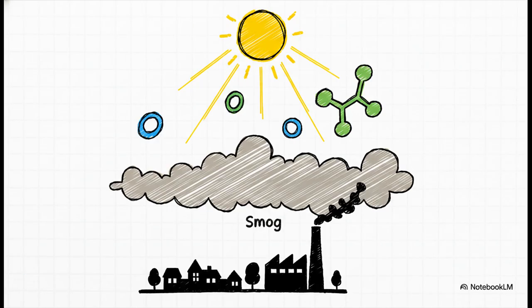We also track VOCs, specifically non-methane volatile organic compounds. These are carbon-based chemicals that have a really nasty habit of triggering atmospheric photochemical reactions. What does that mean in plain English? Well, when these compounds hit sunlight, they create smog. So this is exactly where corporate emissions data meets the visible air quality of local neighborhoods.